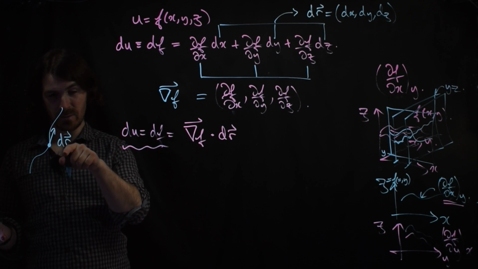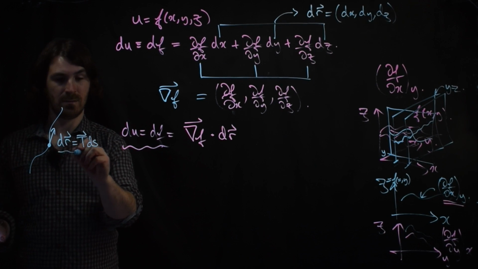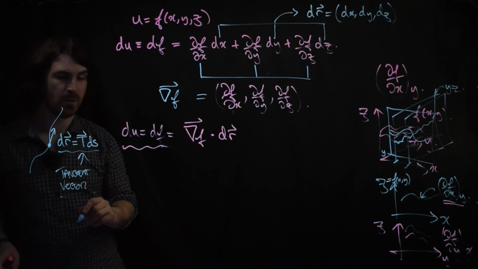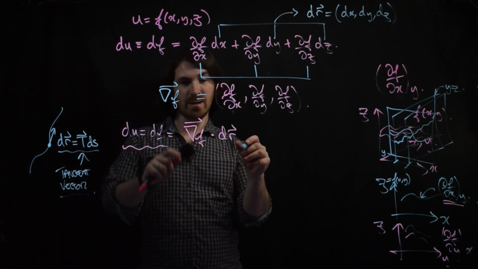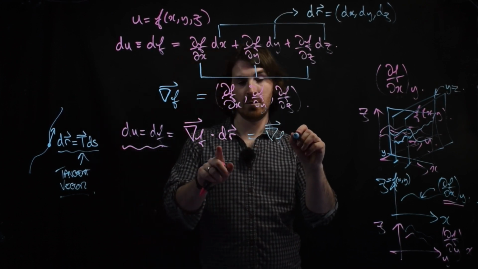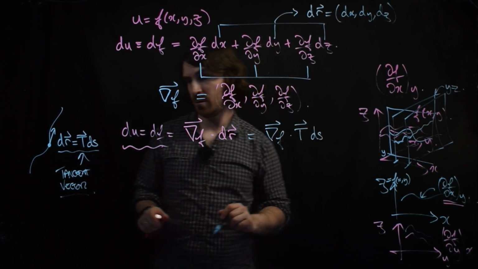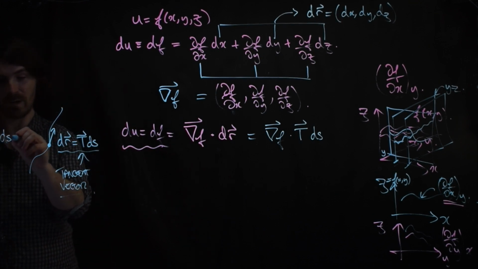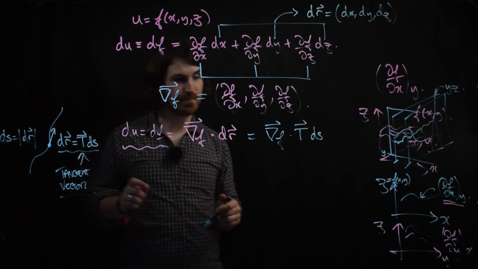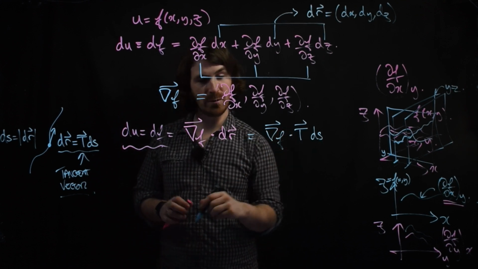Before, we saw that this dr was equal to a tangent vector T ds. This is the tangent vector from section 1. This means we can write df as equal to the gradient of f dot T ds, and ds is a number. Remember, it's just the magnitude of dr. T is a unit vector, ds is a number, and you know what a dot product of two things is.